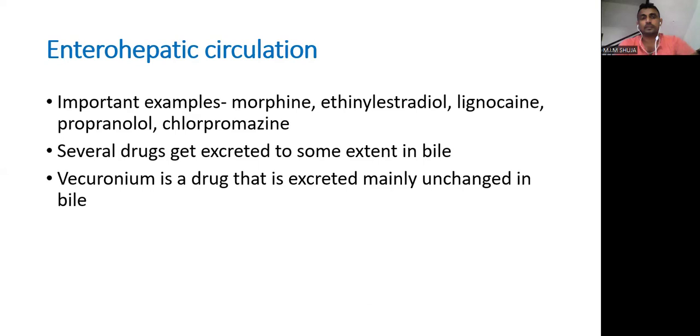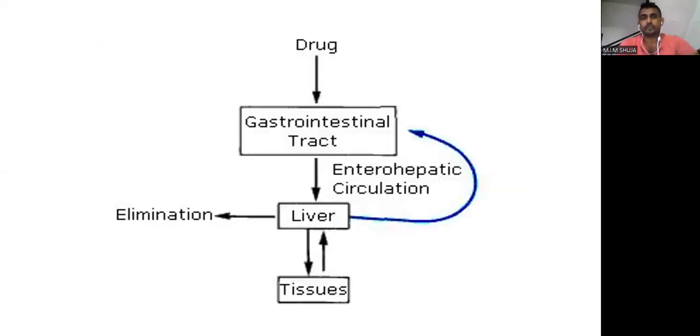A few important examples are morphine, ethinyl estradiol, lignocaine, propranolol and chlorpromazine, which all have enterohepatic circulation.